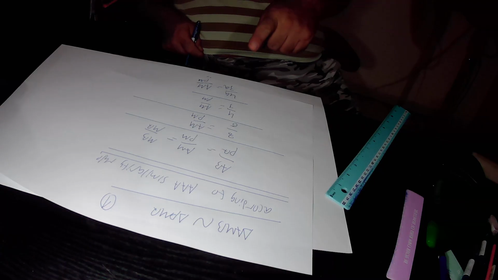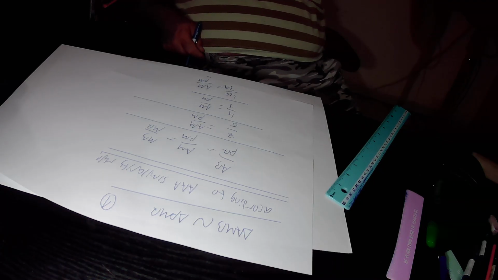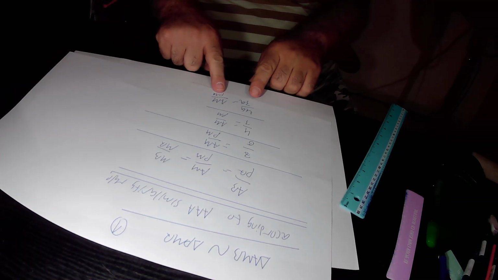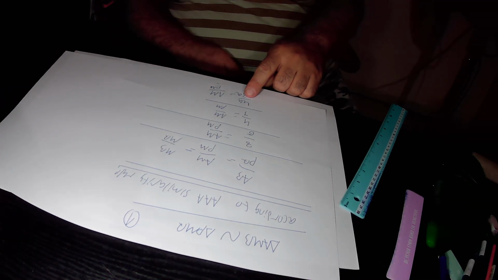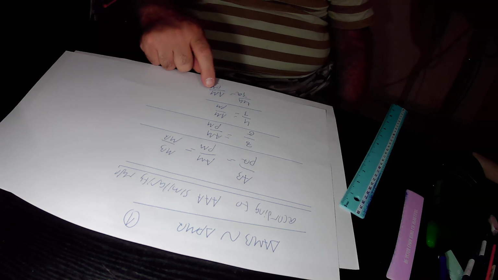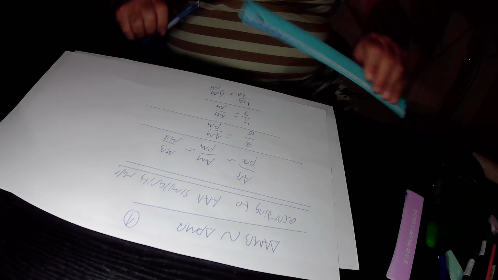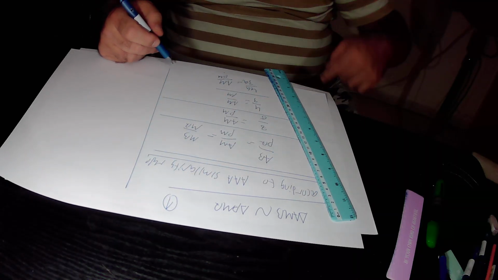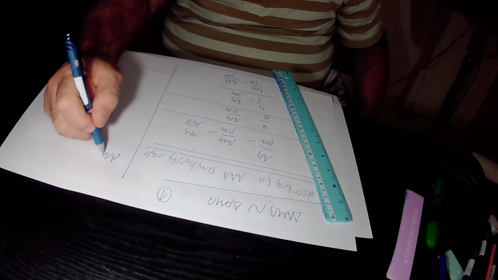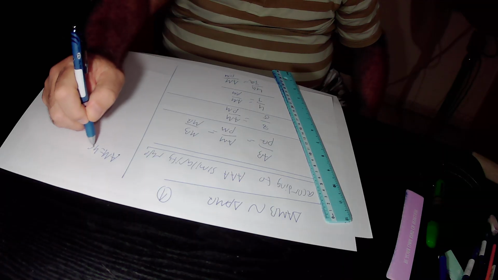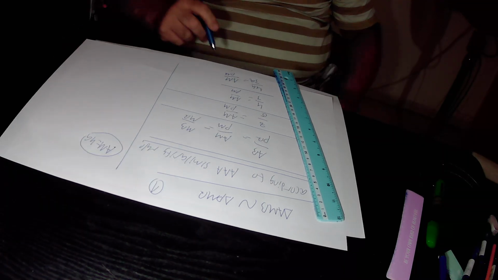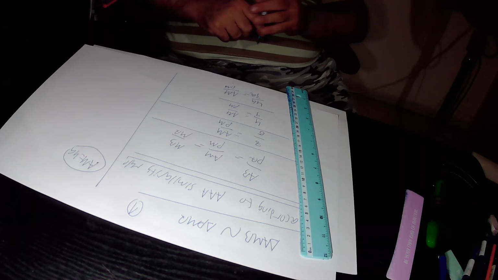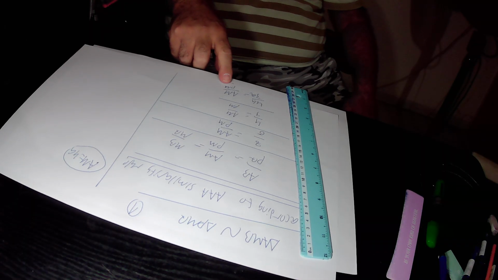So we found out that 4A over 3A equals AM over PM. Those two sides of the equation are equal to each other, and therefore the numerator of this side of the equation must be equal to the numerator of this side of the equation. That is to say, AM equals 4A. Likewise, the denominator on this side of the equation must be equal to the denominator of this side of the equation.